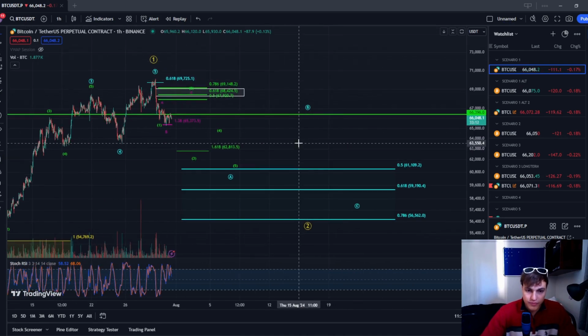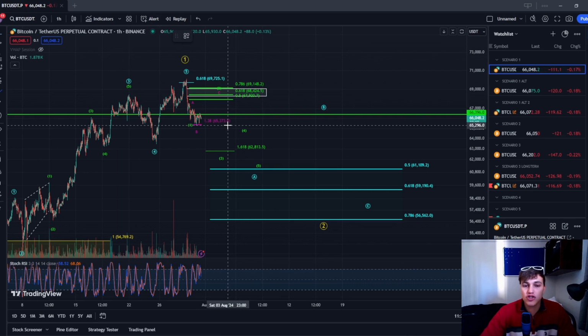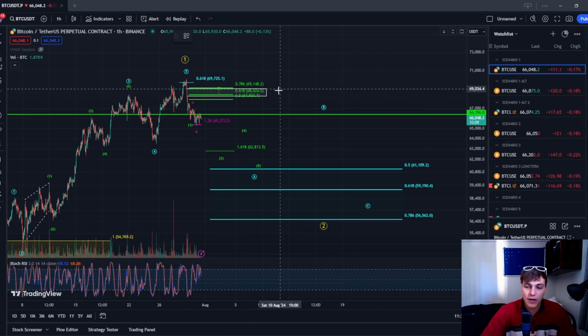In this 3-wave structure, in general, we have 3 structures that we look for.